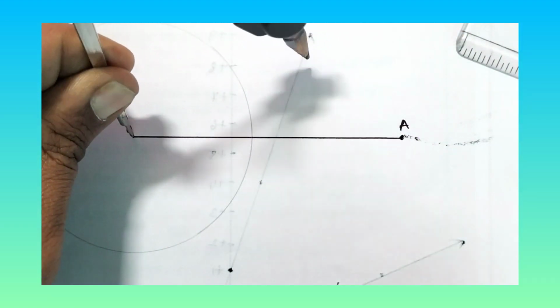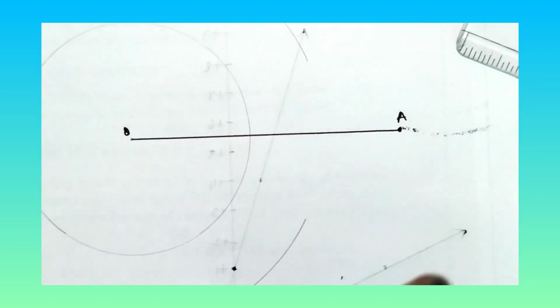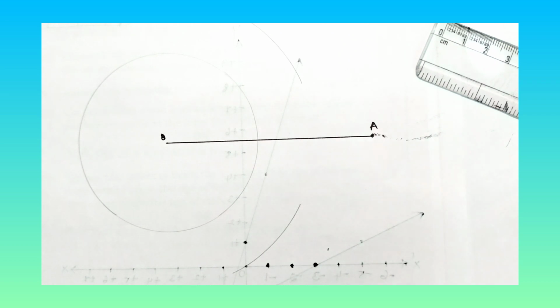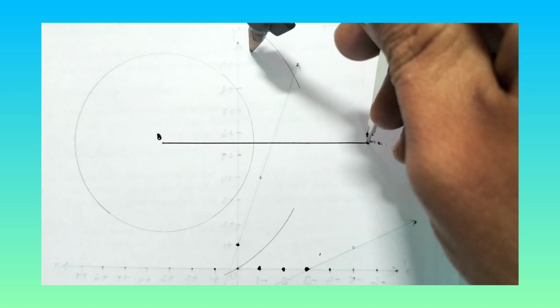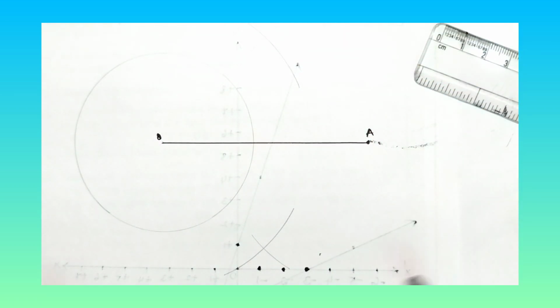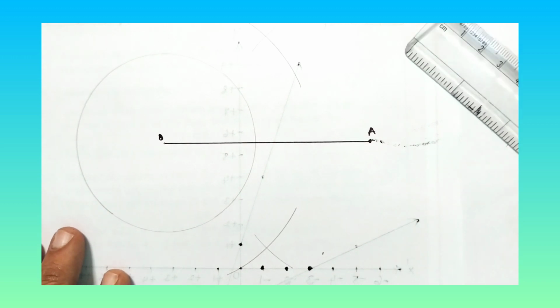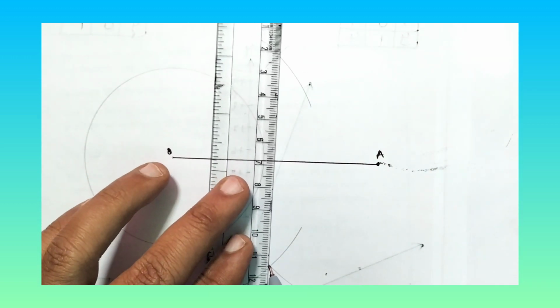Draw one arc at the top and one arc at the bottom with the same measurement. Keep the compass needle at A and cut the arc, one at the top, one at the bottom. Now you join both the arcs.